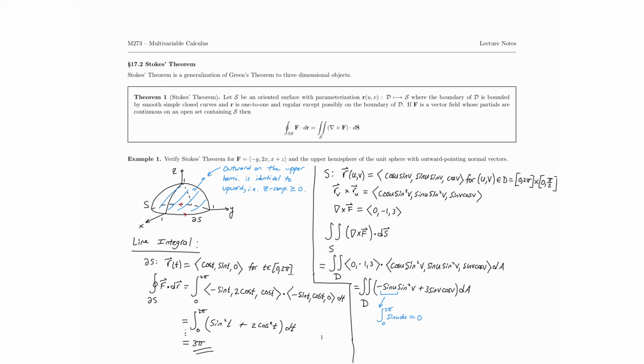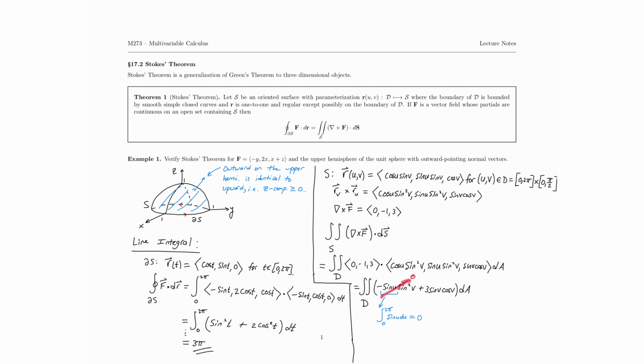So this whole term is 0. It doesn't matter what the integral of sine squared of v is. Whatever number it ends up being, it's going to be multiplied by 0, and so in the end, the product is still 0. So we are selectively looking for the nicer, easier integrals to calculate, because there's a good chance that on one full period, the integral is 0.